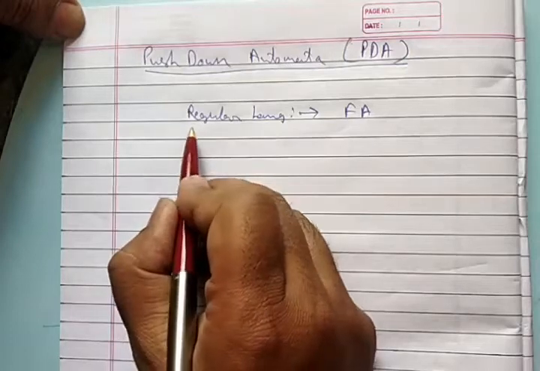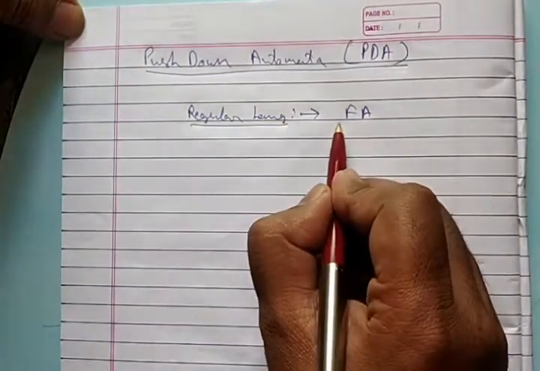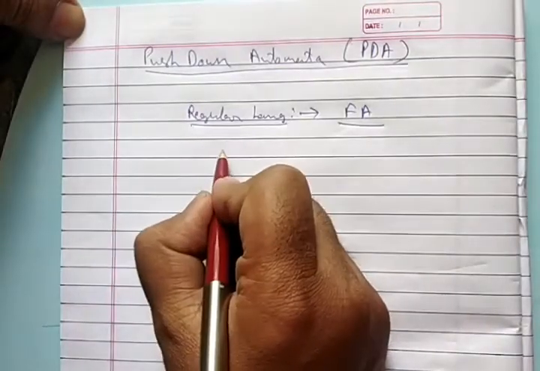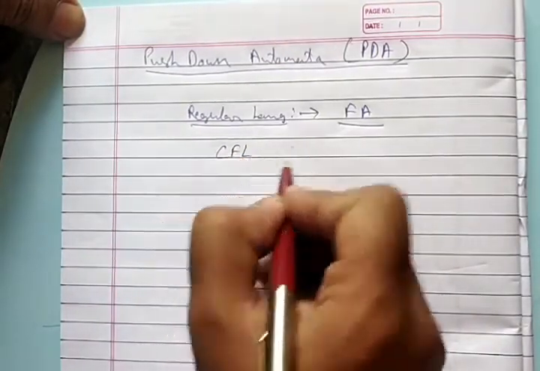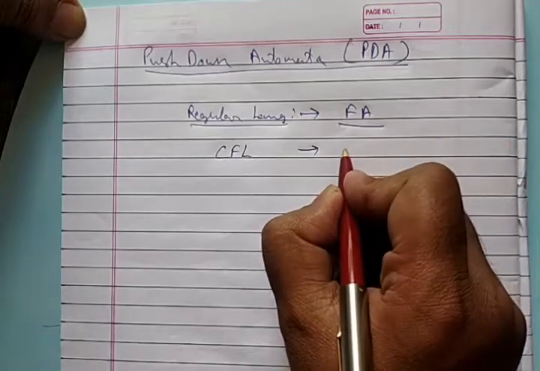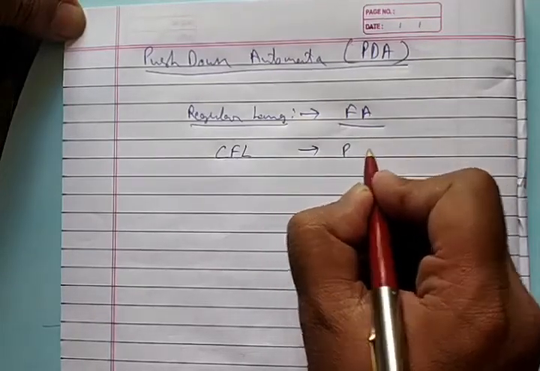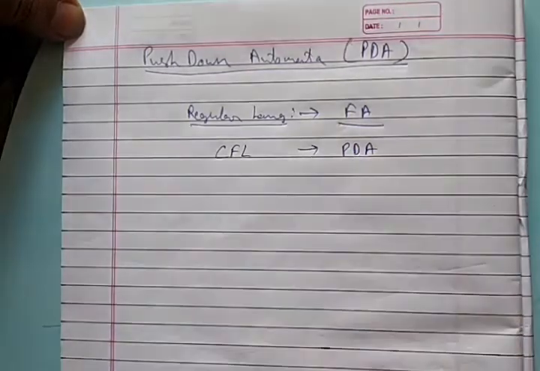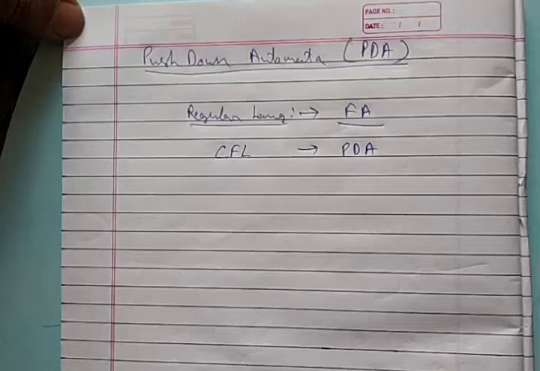So, for regular languages, we had one representation, that is finite automata. For context-free languages and context-free grammars, we have a representation or automata for it, that is PDA, pushdown automata. So, what is pushdown automata?